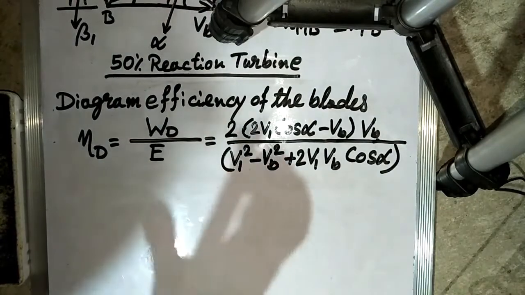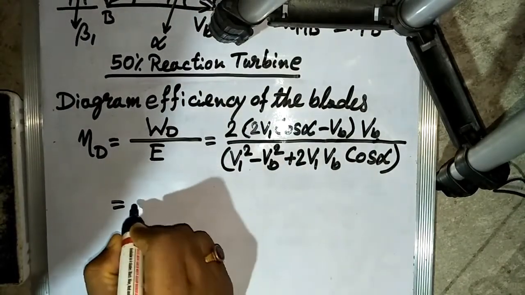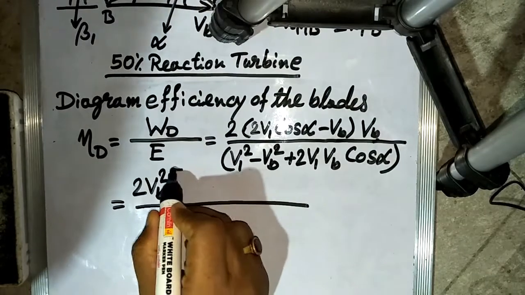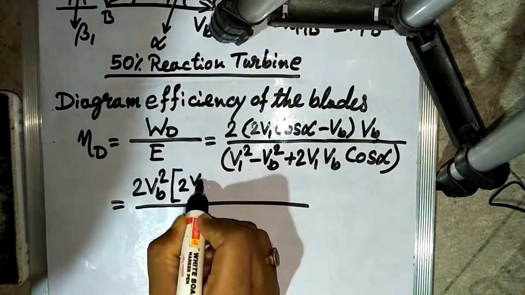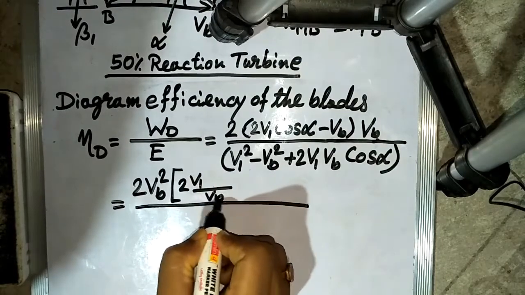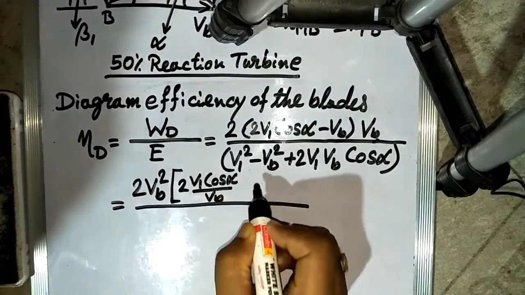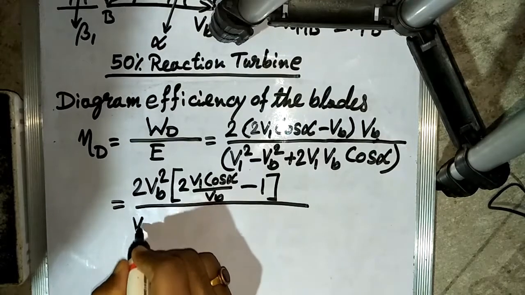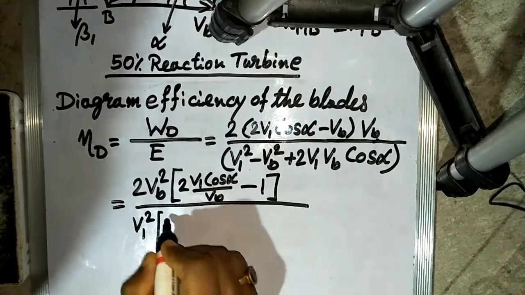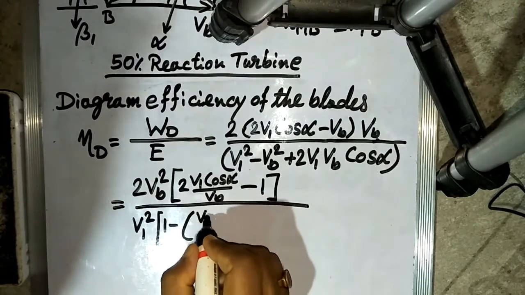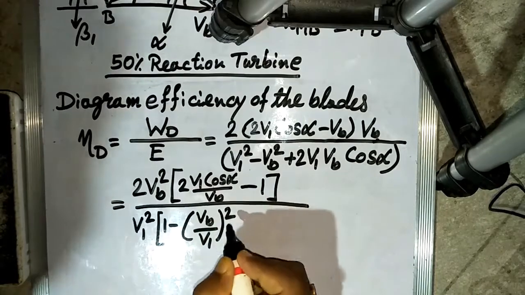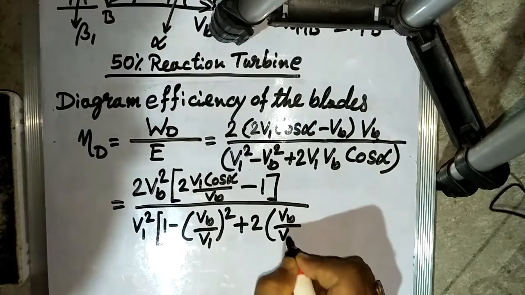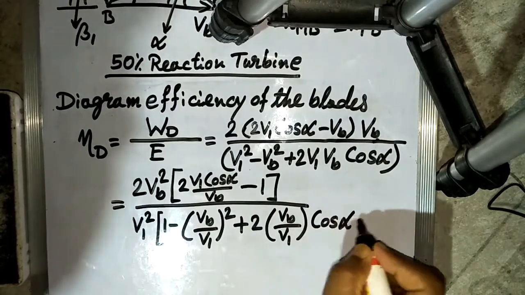Again we can simplify this expression: 2 VB square, within bracket 2 into V1 by VB into cos alpha minus 1, divided by V1 square into (1 minus (VB by V1) square plus 2 into VB by V1 cos alpha).